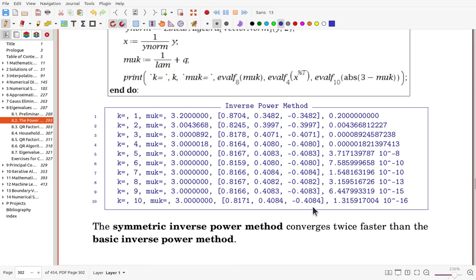Look at here, after 10 iterations, the error is on the order of 10 to the minus 16. Again, the symmetric power method converges twice as fast as the basic power method. Whether it's the inverse version or the original version, it doesn't matter. The symmetric method is twice as fast as the basic method.